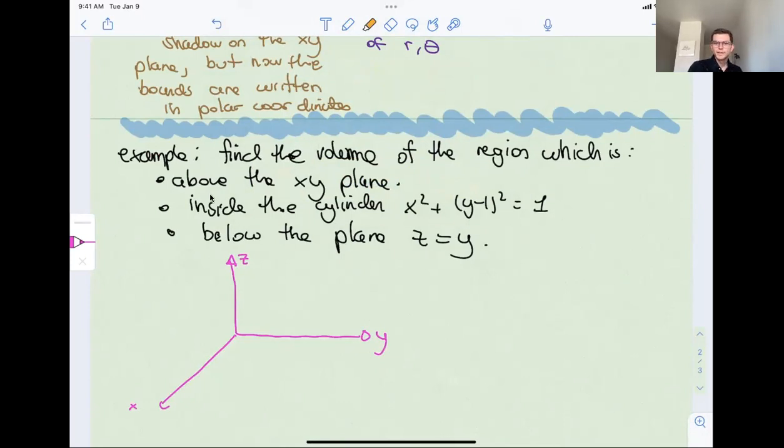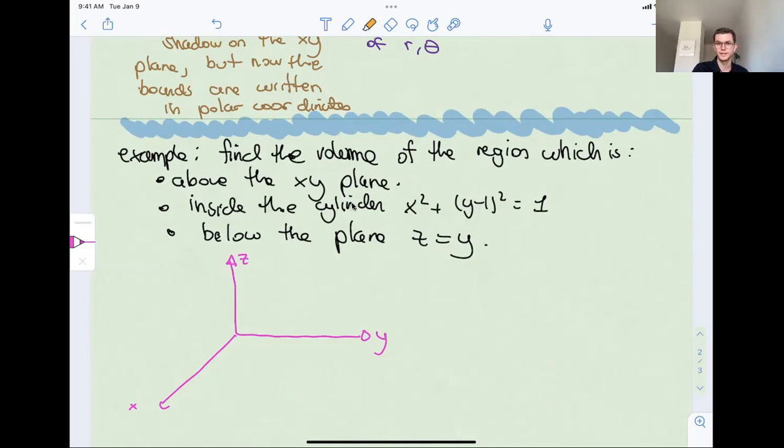We're looking at something that's above the XY plane. You're not trying to find the volume of the cylinder per se. It enters into what the volume is that you're trying to find, but you have to draw everything that the region refers to. So let's go one by one. This is saying that you're looking at stuff above the XY plane. There's nothing much to do in this picture.